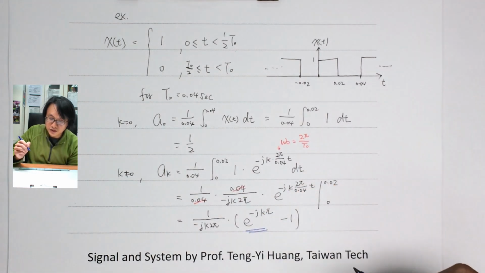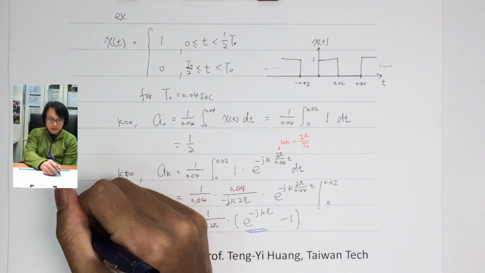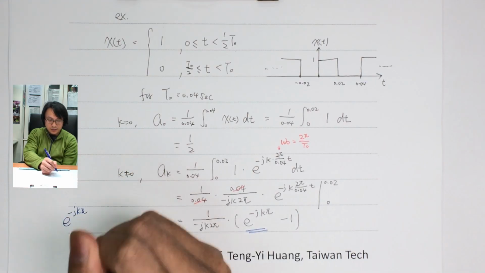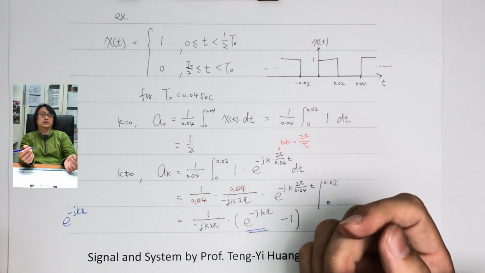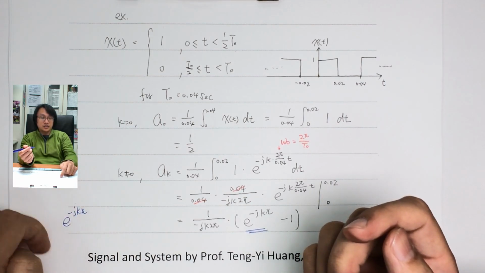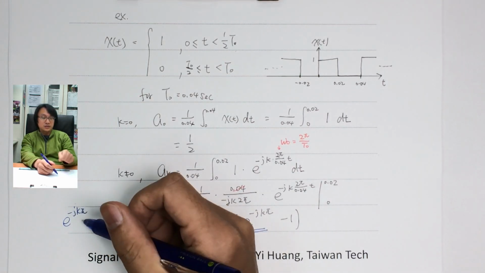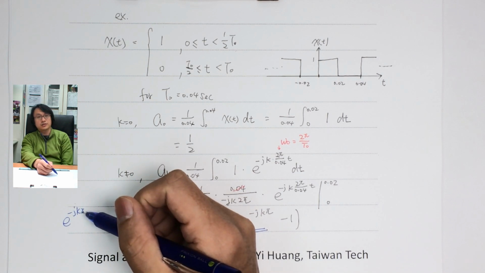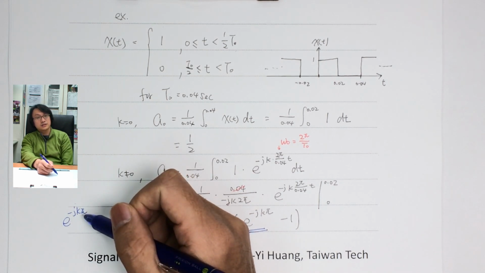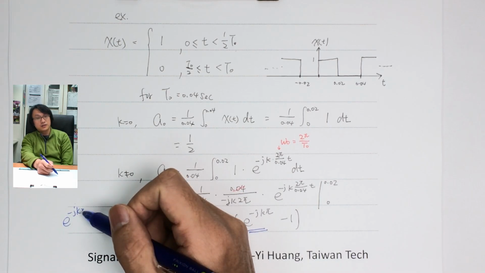What is e to the power of negative j k pi? Pi is 180 degrees. So, with 2 pi, when k equals 0, the term is 1. But when k equals 1, this is e to the power of negative j pi, that is negative 180 degrees, and this becomes minus 1.